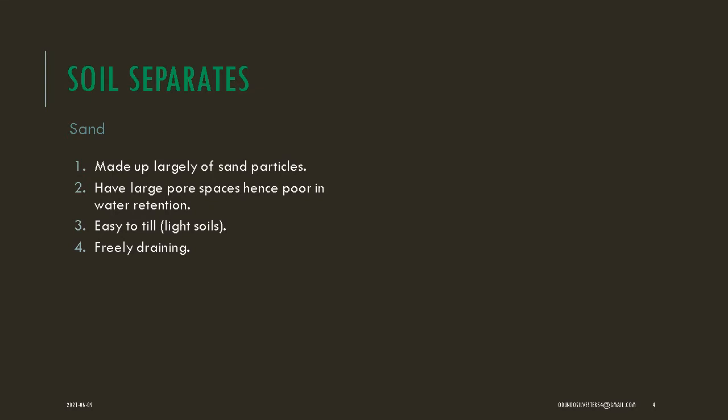They are freely draining because of large spaces of air. They are low fertility due to leaching of minerals. Now remember, the leaching process is the process where nutrients are seeped down into the lower horizons, and because of the large spaces in between, water carries along the nutrients into lower horizons.